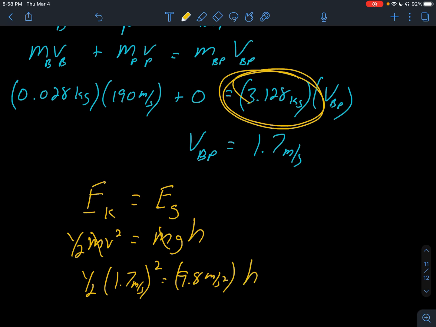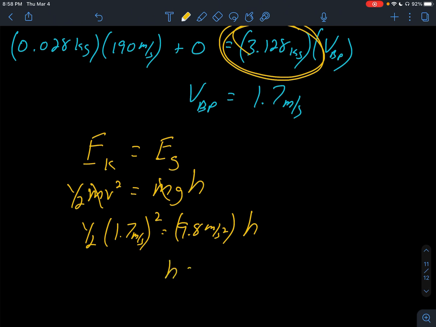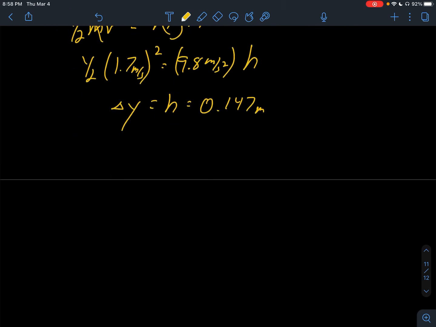And then I can solve for the height. And I get a height of that. So that's my vertical displacement, right? That's how far it's going to go.